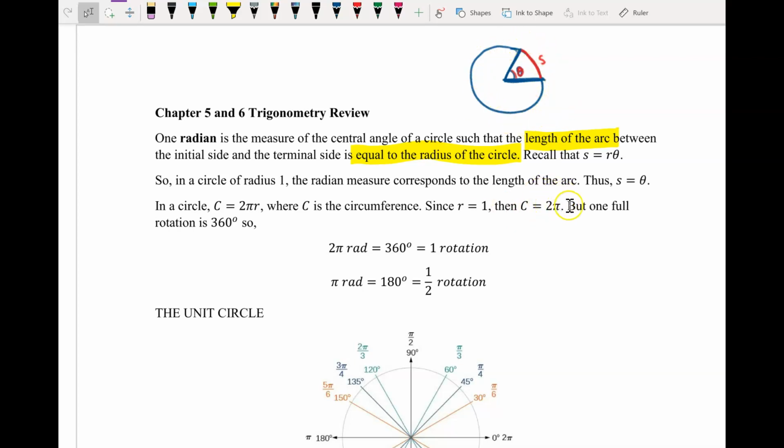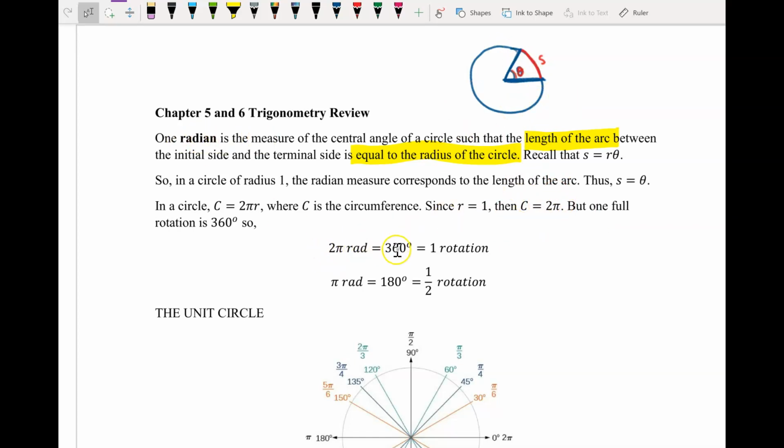But we know that 1 full rotation is 360 degrees. So if we think about it, 2 pi radians, which is basically this whole arc, is equal to 360 degrees. Remember, the length is equal to the radian. That's why we have 2 pi radians there.